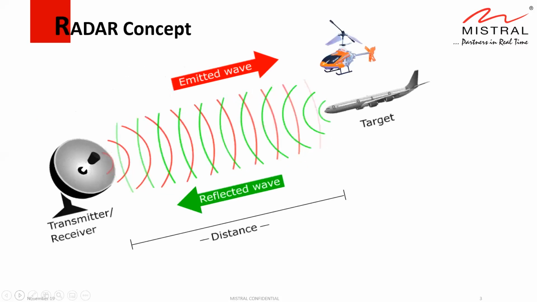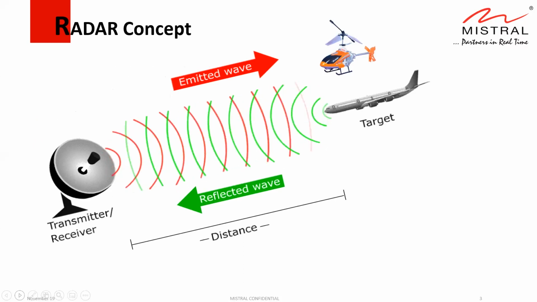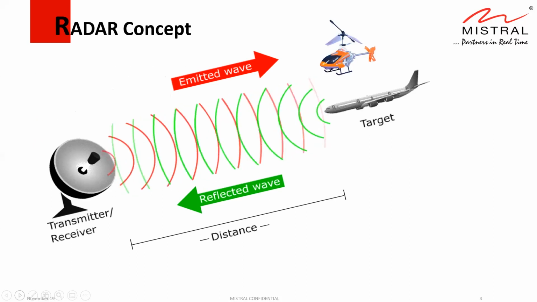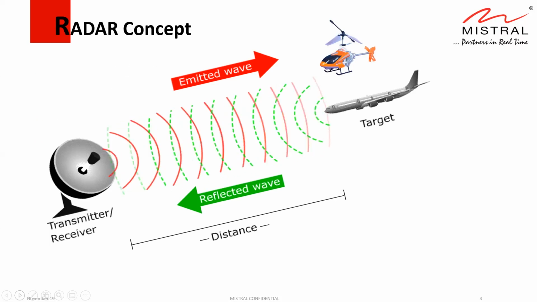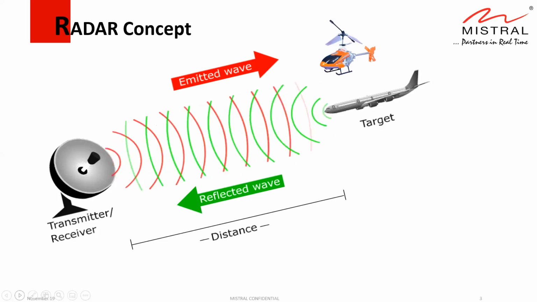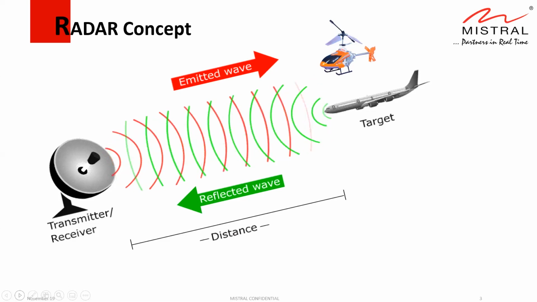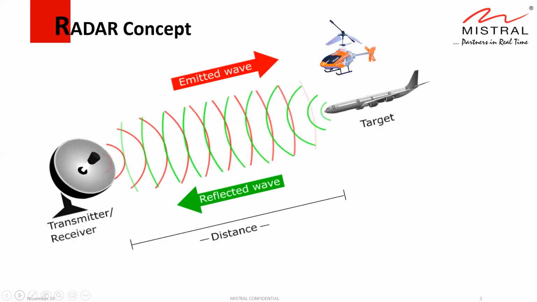In a radar, there is a radar side where you have transmitters and receivers, and the angle where you want to view the objects, which are targets like aircraft, human beings, different targets.